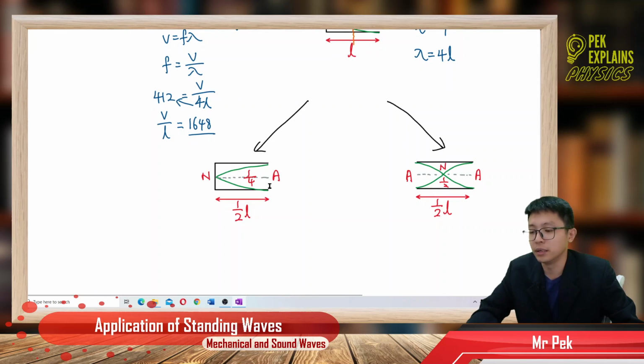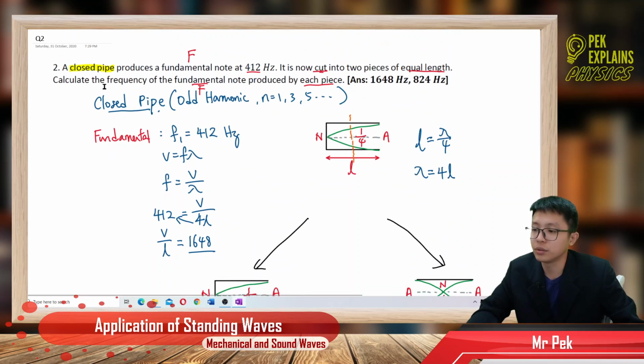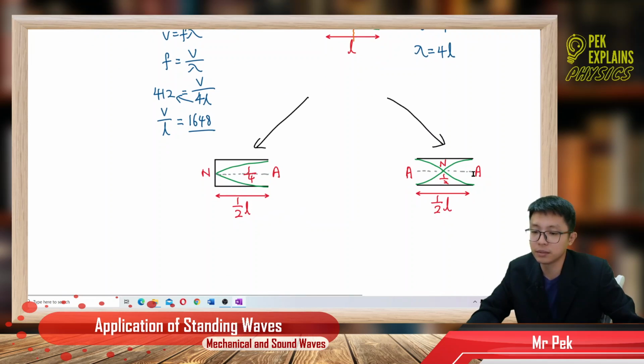The closed pipe fundamental mode is always a node with an antinode, and for the open pipe it is always an antinode with an antinode, because at the open end the air can vibrate freely. So both of these are fundamental modes. What's the frequency of each?